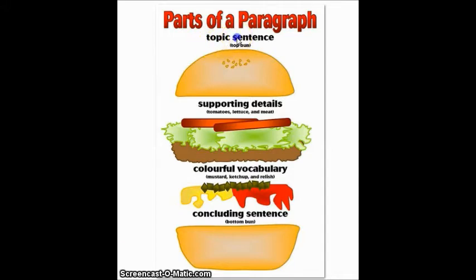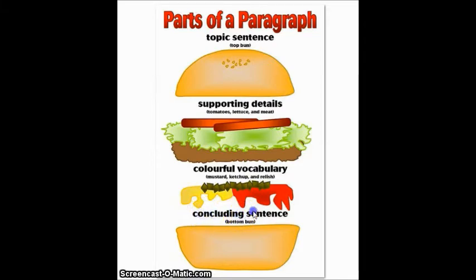We have our topic sentence represented by the top band, the supporting details represented by tomatoes, lettuce, and meat, the colorful vocabulary that we should use every time we write a paragraph. In this case, we have some mustard, ketchup, and relish.